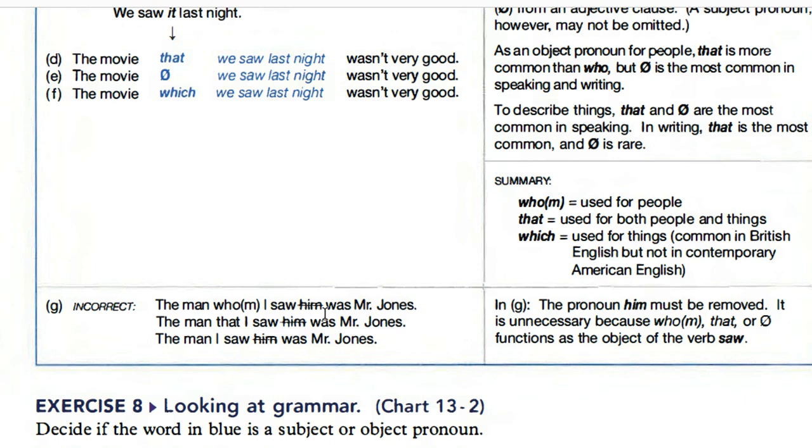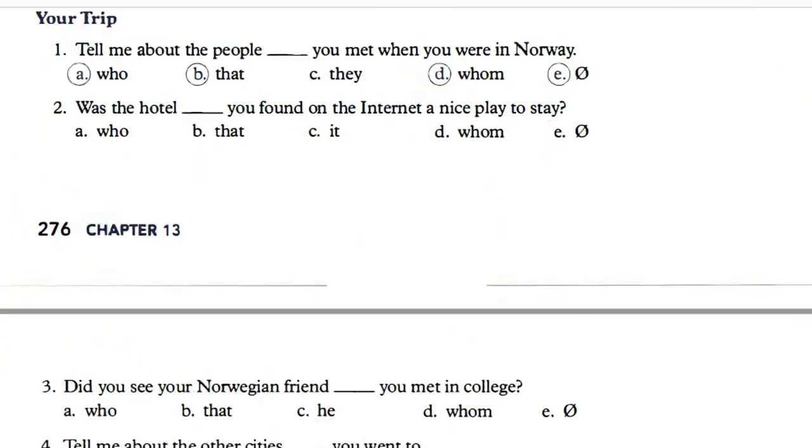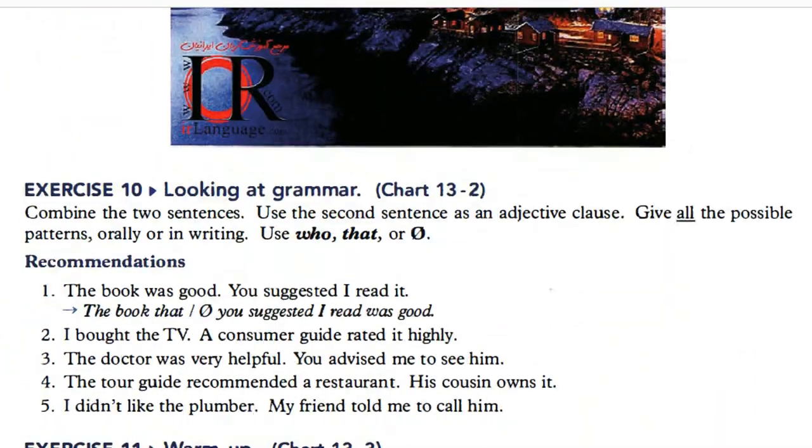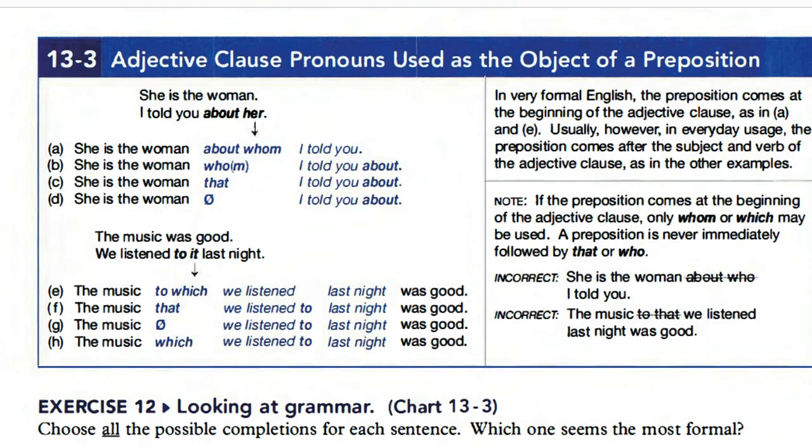Why? Because it looks fragmented and it is unnecessary. No need to repeat the pronoun that you are trying to put again for emphasis. So don't use it, because it will affect the understanding.